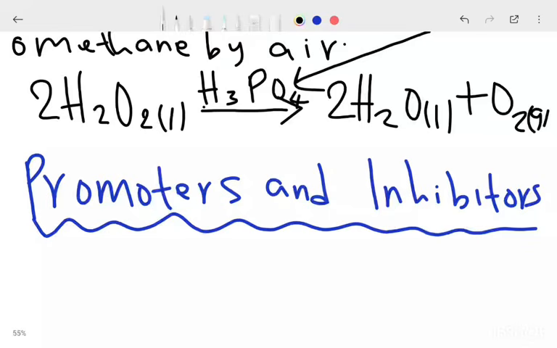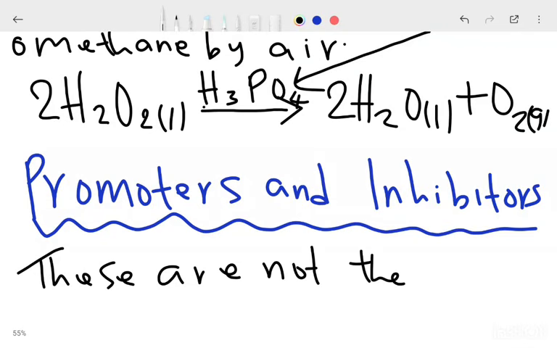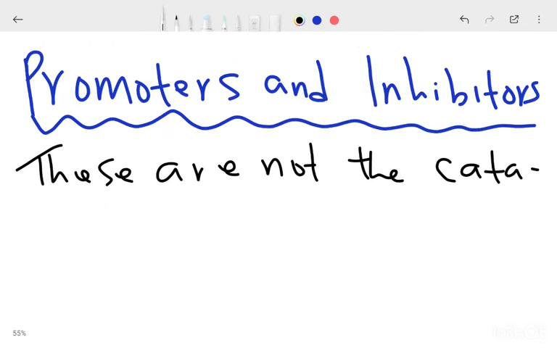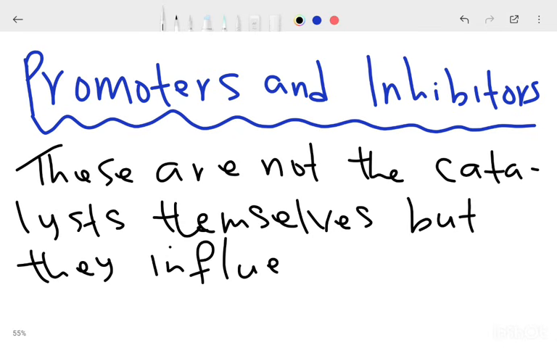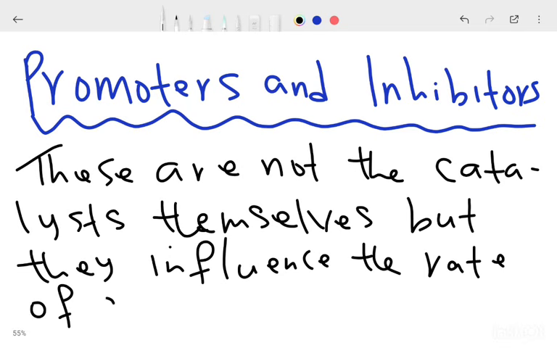Now, these are not the catalysts themselves, but they influence the rate of a reaction.